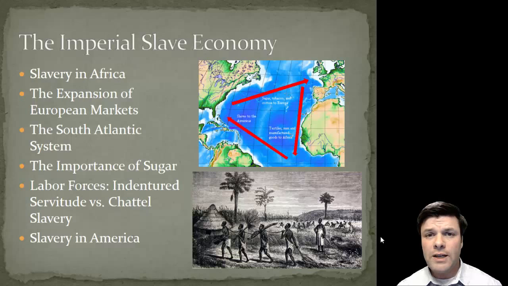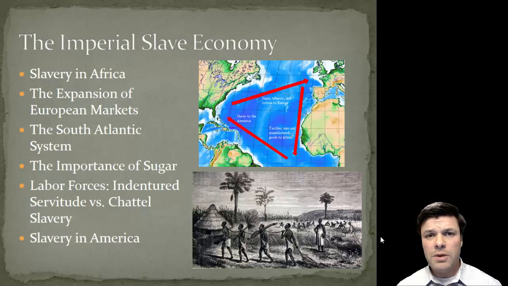Those slaves would be transported across the Atlantic Ocean. And once they got to the Americas, they would be sold into slavery, where they would be instrumental in the production of cash crops. Things like coffee, things like tobacco in the Virginia colonies, and especially sugar. And I'll talk about sugar here in just a moment.